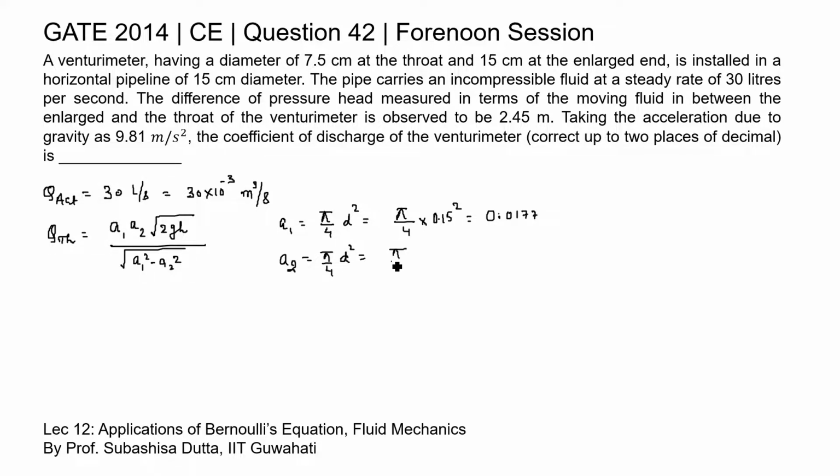Similarly, A2 equal to pi by 4 into d square. A2 is the cross sectional area at throat, and the diameter at throat is given in this question as 7.5 centimeter, that is 0.075 square. So when we solve this, we will get A2 as 0.00442.